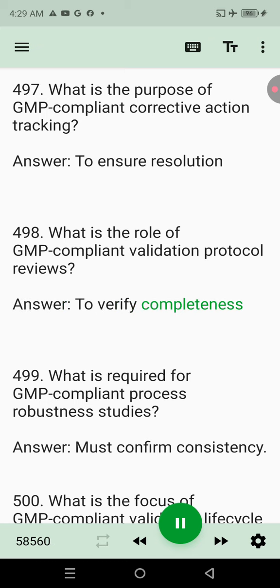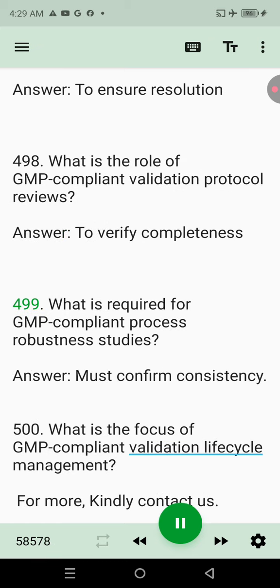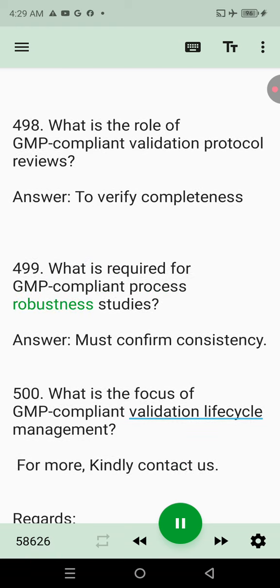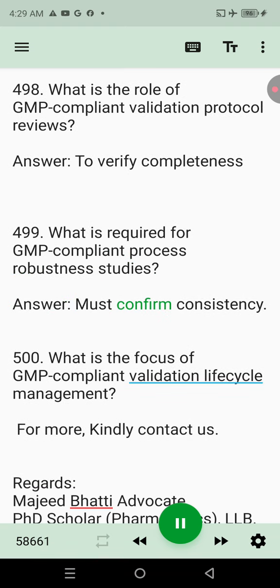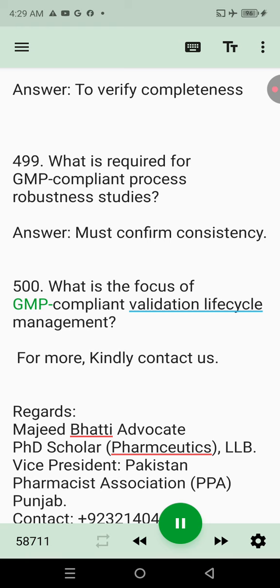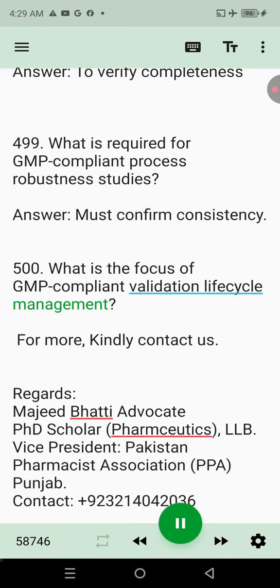Answer: to verify completeness. 499. What is required for GMP-compliant process robustness studies? Answer: must confirm consistency. 500. What is the focus of GMP-compliant validation lifecycle management?